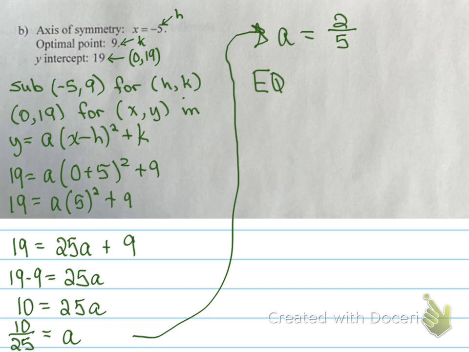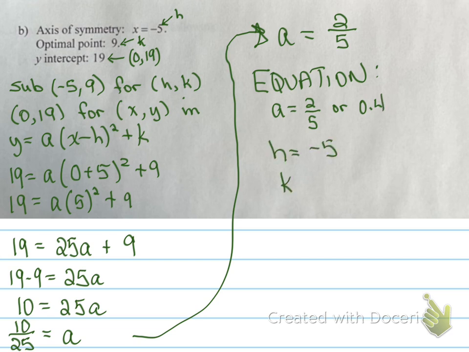I would have to accept both options. So our equation will be a equals 2 over 5, or 0.4, h equals negative 5, and k equals 9 into the equation.